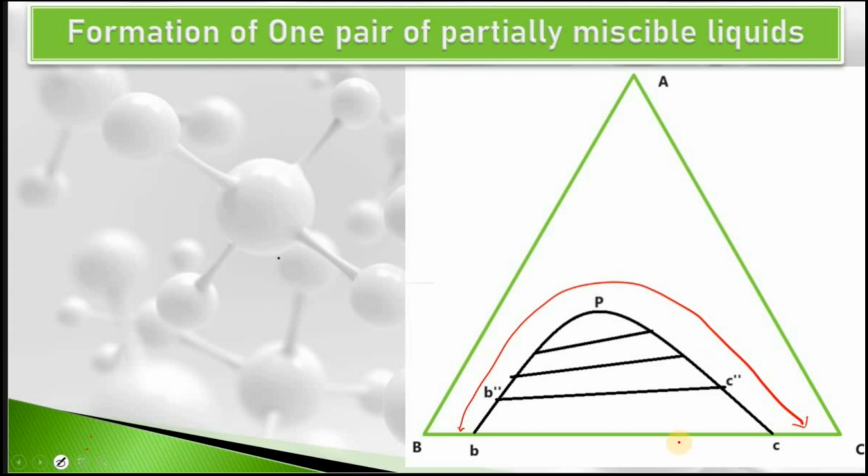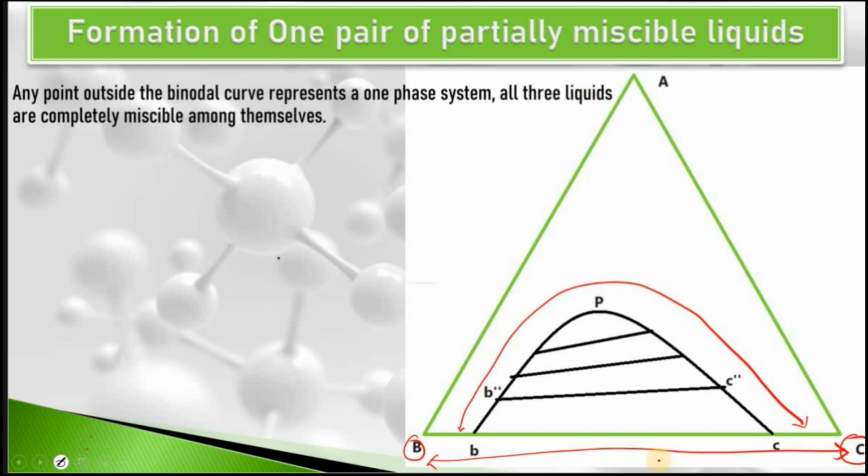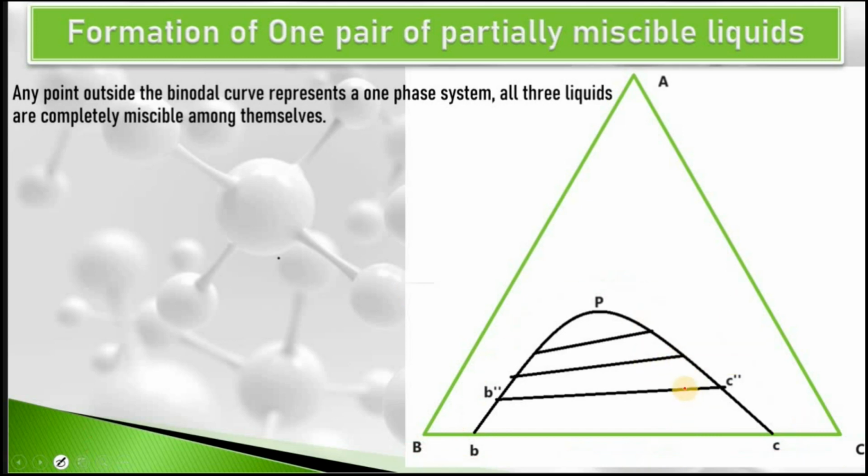So binodal curve forms on that side of the triangle where two partially miscible liquids are present at the vertices. Second, any point outside this binodal curve represents a one-phase system. That means all three liquids are completely miscible among themselves.